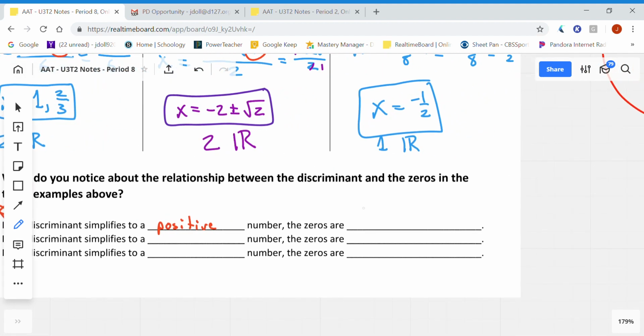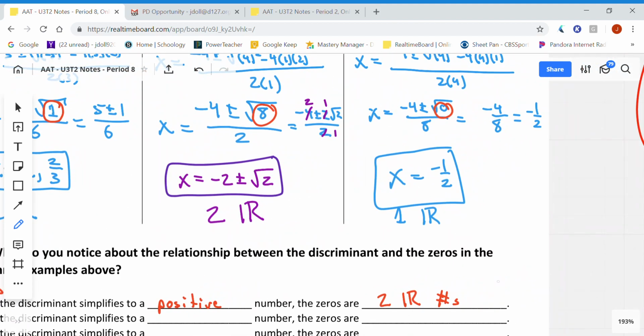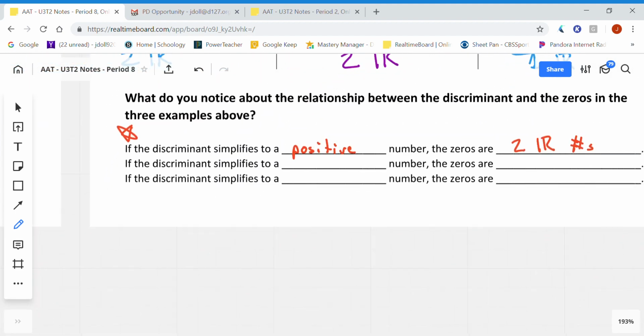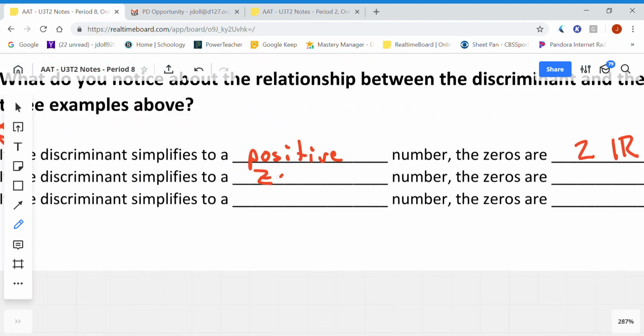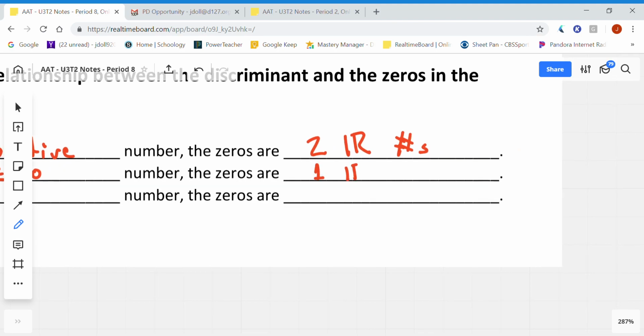And both times that it was a positive number, the zeros are 2 real numbers. Now you can see in the third option, it was not a positive number, it simplified to 0, and my zero was 1 real number.